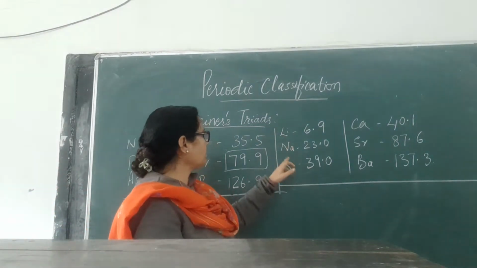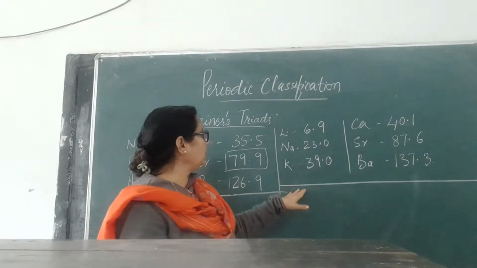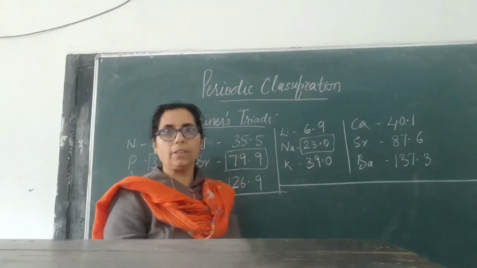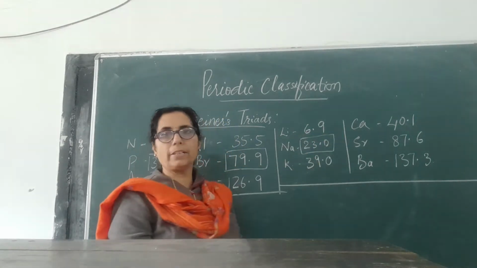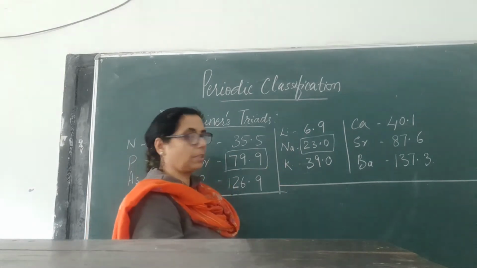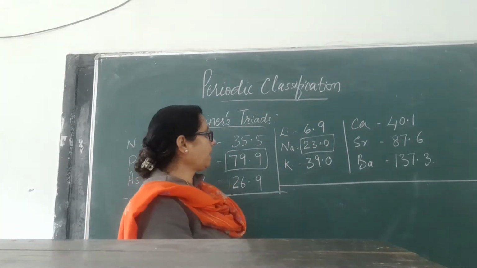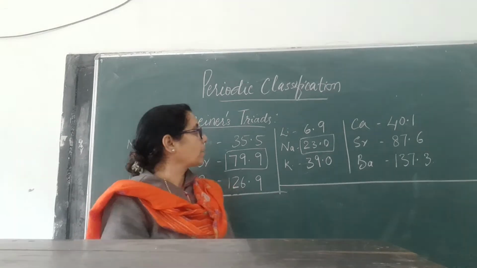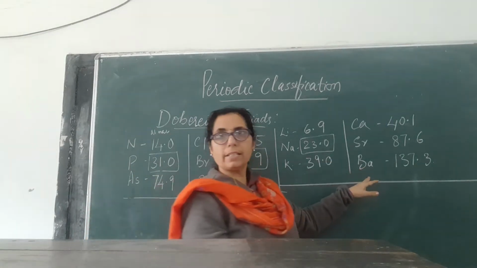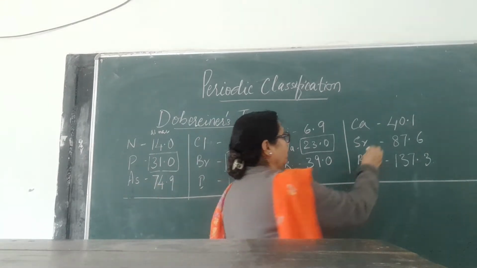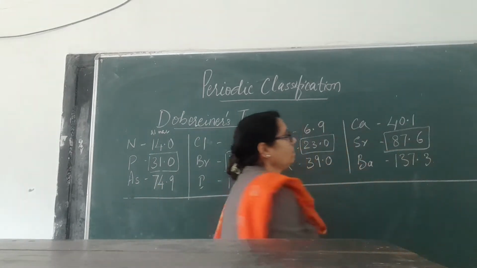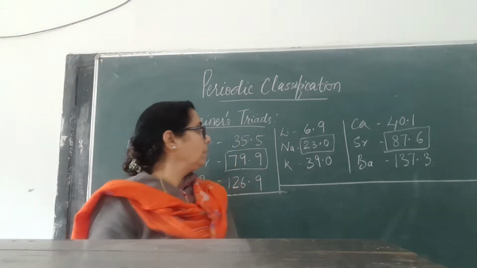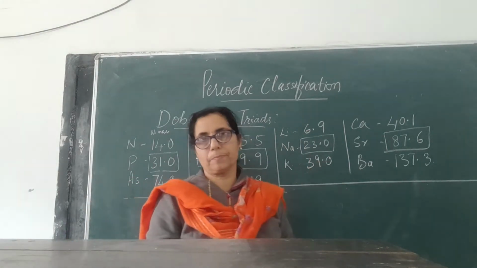Then another example, lithium, sodium and potassium, in which the atomic mass of sodium, that is 23, was found to be the average of the atomic masses of lithium and potassium, that is 6.9 plus 39.0 divided by 2. And similarly, calcium, strontium and barium, in which the strontium atomic mass 87.6 was found to be the average of calcium and barium.